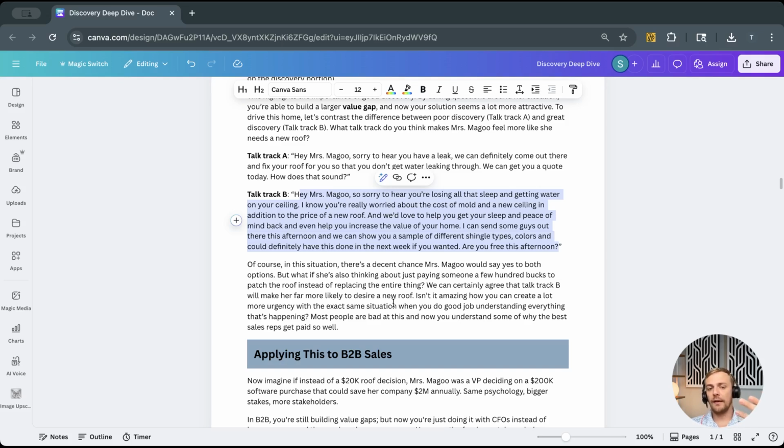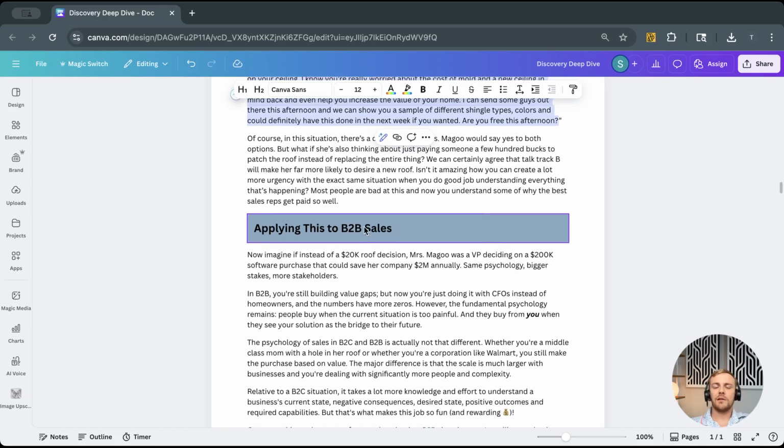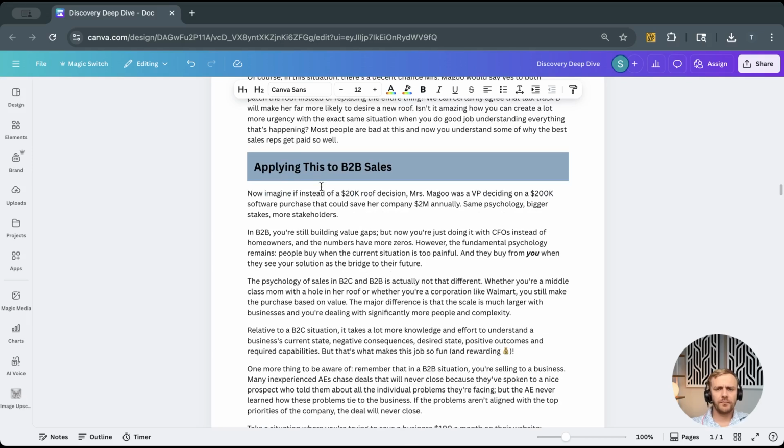And so I just wanted to highlight, you can basically create a lot of urgency in the exact same situation when you do a good job of understanding everything that's happening. So, yeah, most people are bad at this, and this is why it's a chance to differentiate yourself and close more deals.